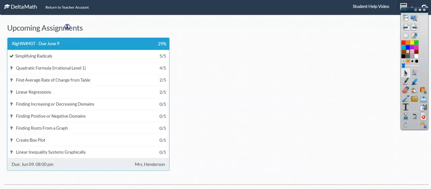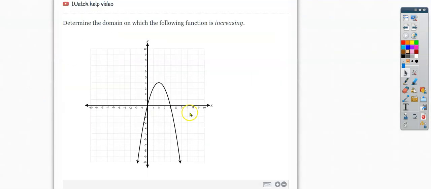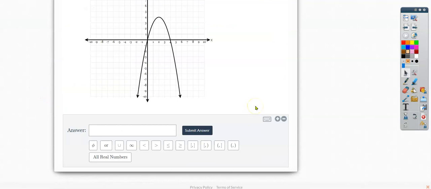All right. Let's take a look at our next topic, which is finding increasing or decreasing domains. Increasing is when you're reading from left to right, if as you're reading, your eyes are traveling upward, you're increasing, and if your eyes are traveling downward, you're decreasing. For us, we are increasing all the way to there, and then we stop.